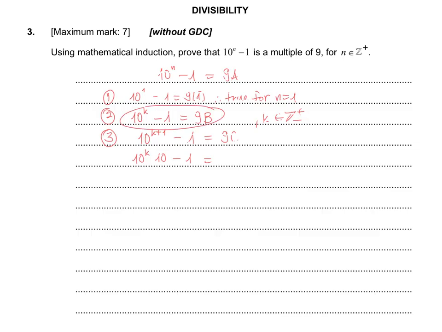So this is going to be 9b plus 1 times 10 minus 1. And when we distribute, we're going to have 90b plus 10 minus 1. And then obviously that's 90b plus 9. And we can factor out a 9, 10b plus 1. So this is a multiple of 9. So true for n equals k plus 1.